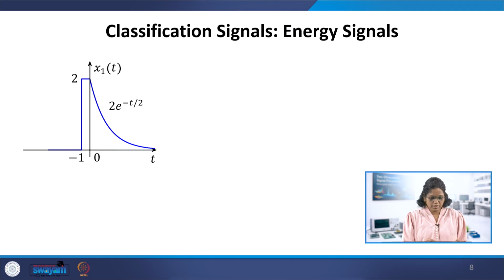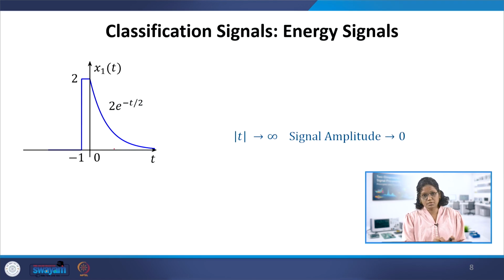This signal x1 of t is defined as: from -1 to 0, the amplitude is 2, and it is exponentially decaying, 2 e power minus t by 2, for t greater than or equal to 0. If you take this signal, you can observe a few things. One is, as t tends to infinity, the signal amplitude goes to 0.